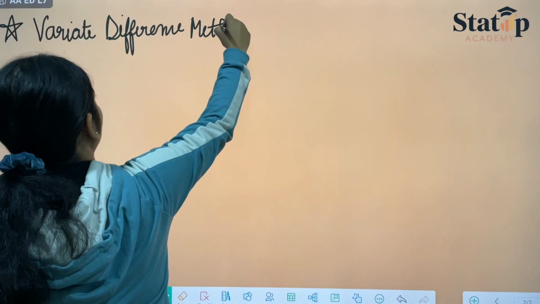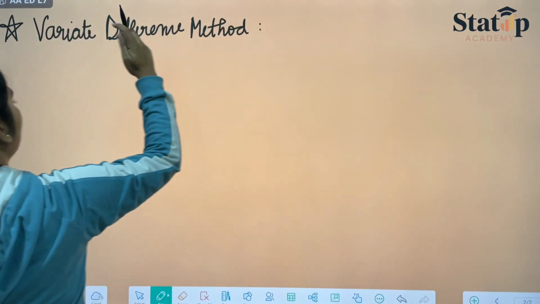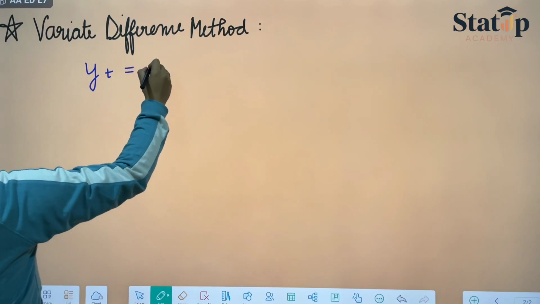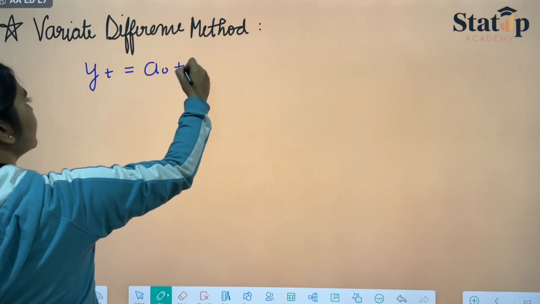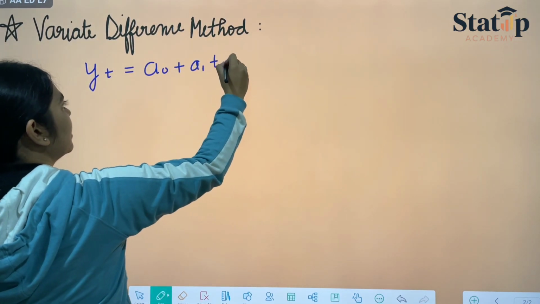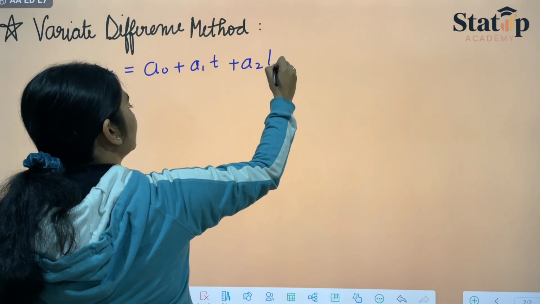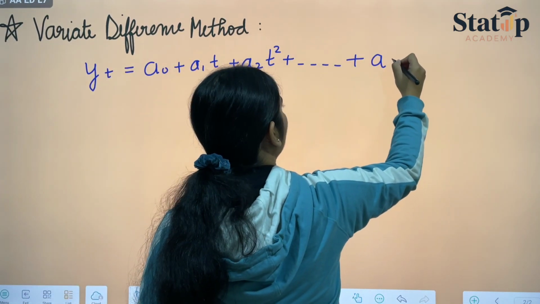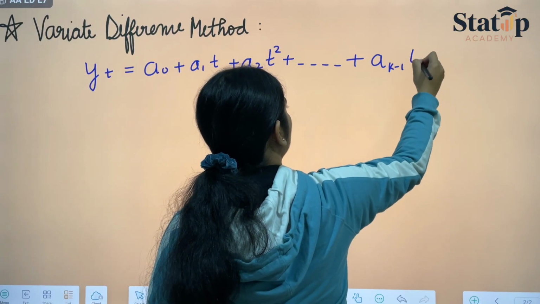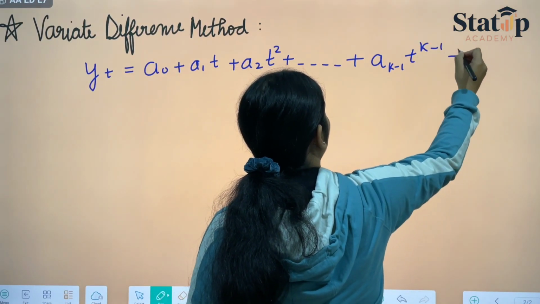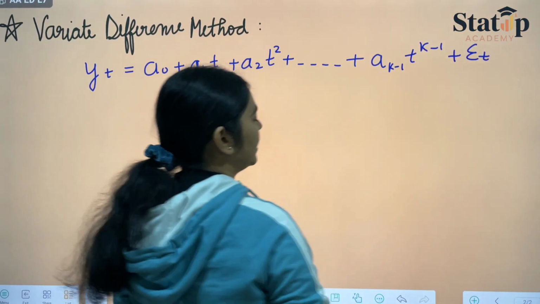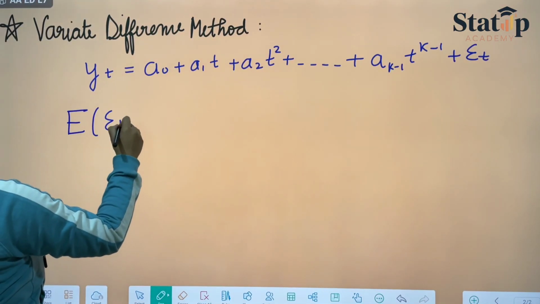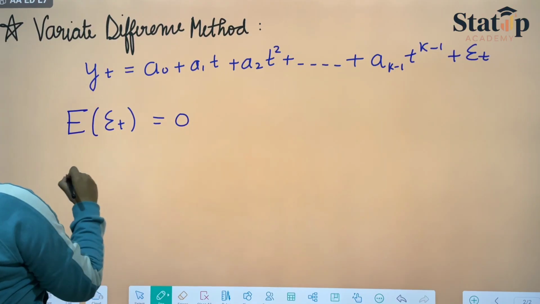Suppose we have been given a time series. The time series which is given to us is yt equals a0 plus a1 t plus a2 t square, up to a(k minus 1) t to the power k minus 1, plus epsilon t. This is our time series, where the expectation of epsilon t is 0.